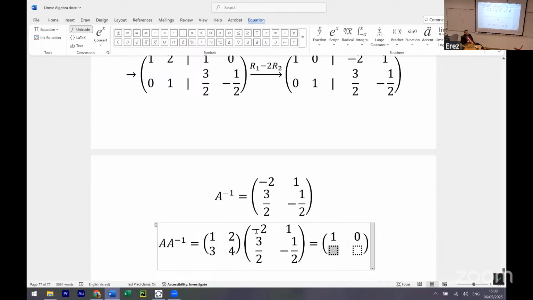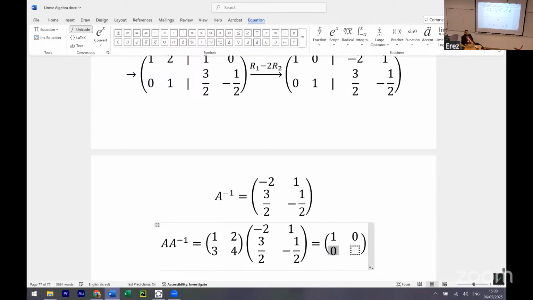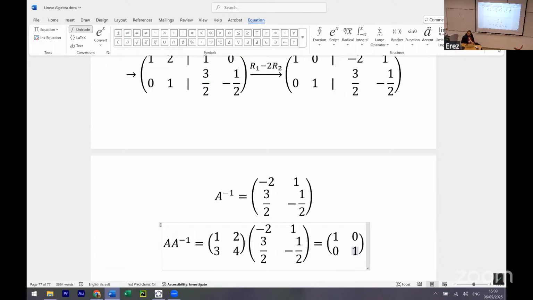And 3 times -2 is -6, plus 6, 0. 3 times 1 is 3, -2, 1. Okay, we actually found an inverse matrix, and the nice thing is that it works in any size of a matrix. Any questions so far?